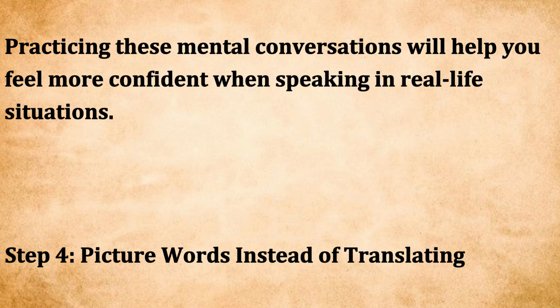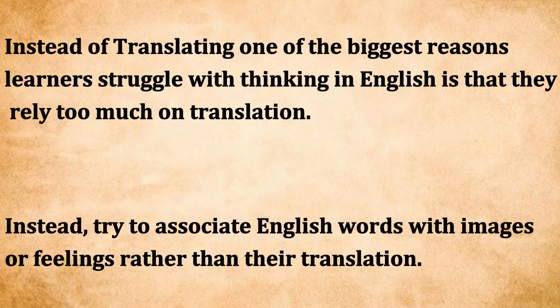Step 4. Picture words instead of translating. One of the biggest reasons learners struggle with thinking in English is that they rely too much on translation. Instead, try to associate English words with images or feelings rather than their translation.